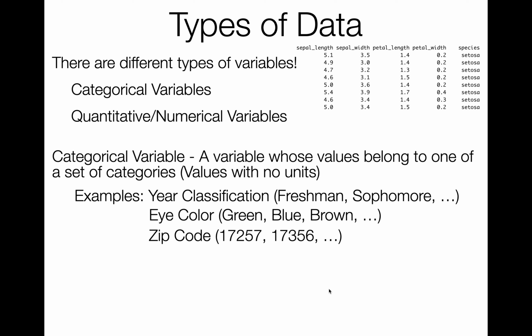Okay, and then further on, when we talk about numerical summaries, if you apply a numerical summary to a categorical variable, that can be disastrous because there's no meaning in differences.